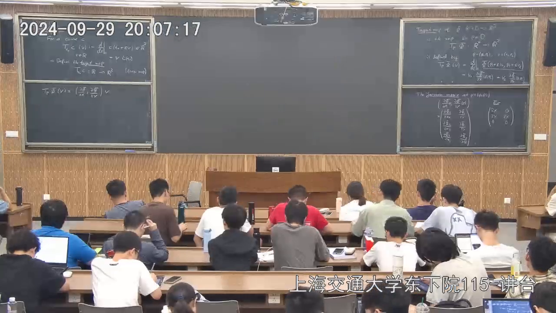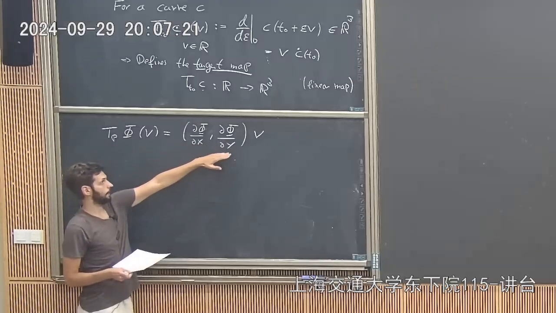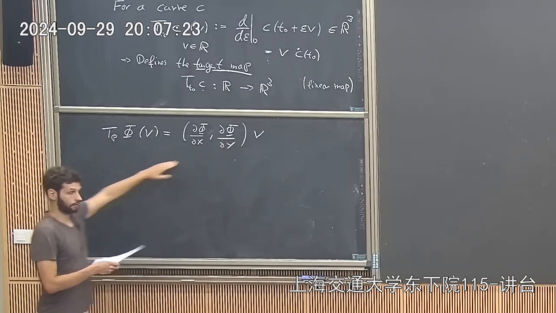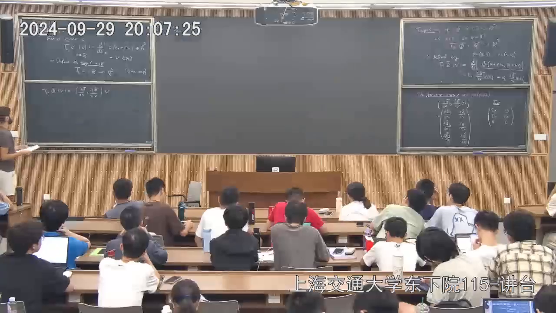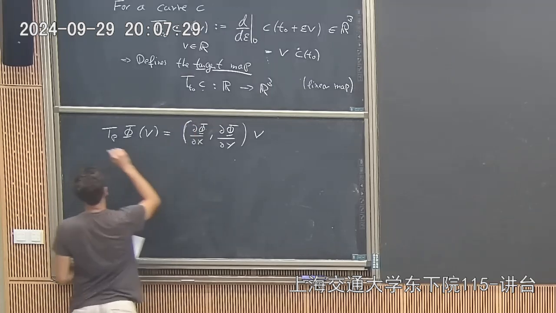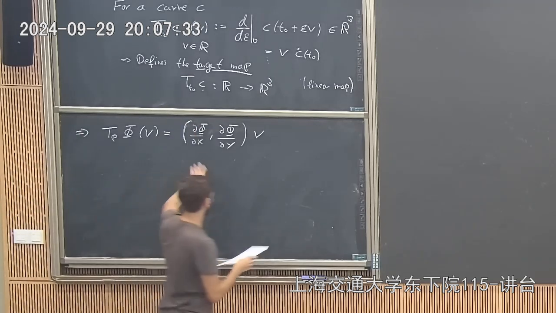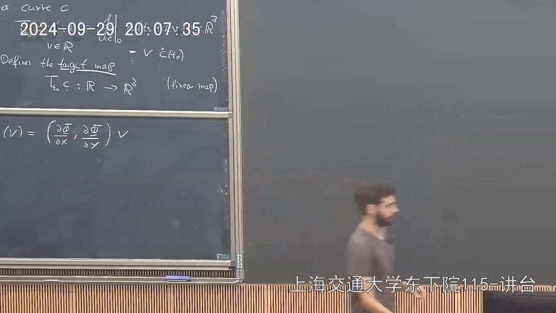So you can also think of the tangent map as nothing else than the Jacobian acting on the vector. You can think of that as an alternative definition. So you have two different ways to think of the tangent map.